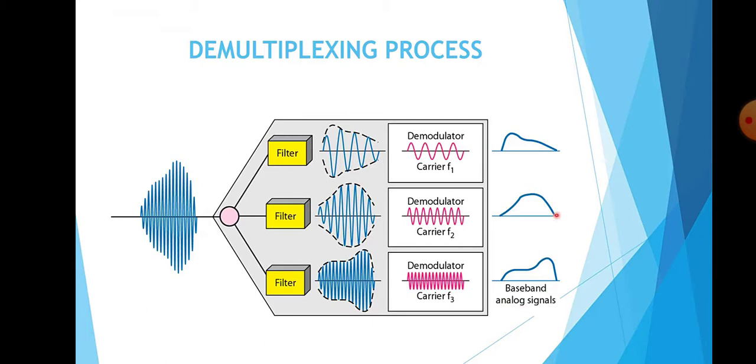So this is the actual output of the demultiplexer block. The composite signal is converted into the actual original three different signals. Those are nothing but signal 1, signal 2 and signal 3.